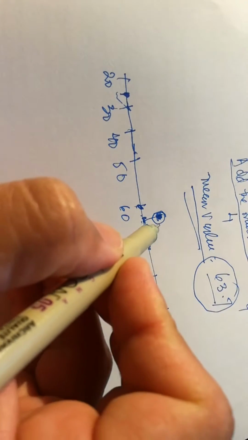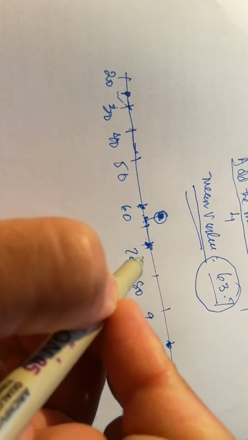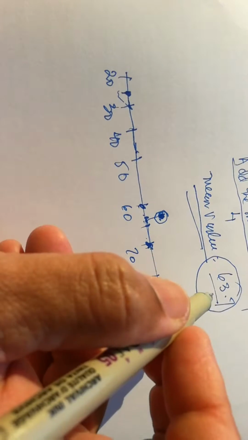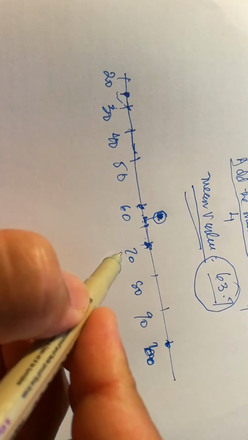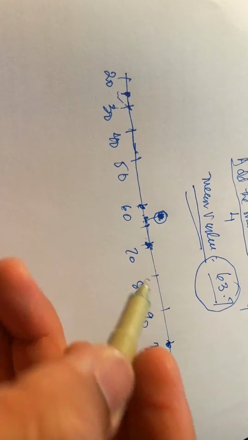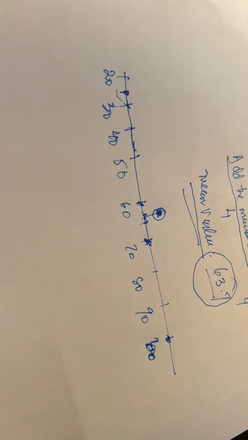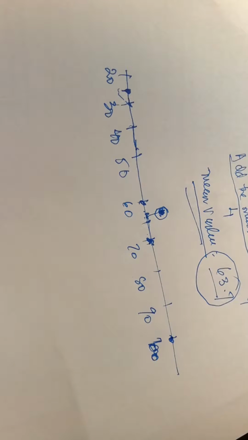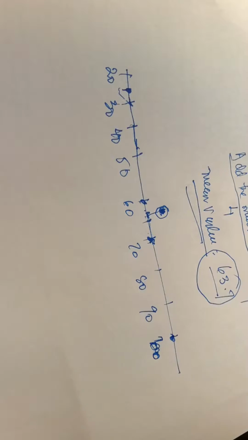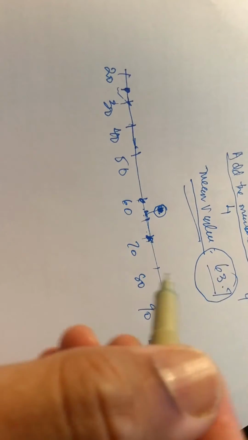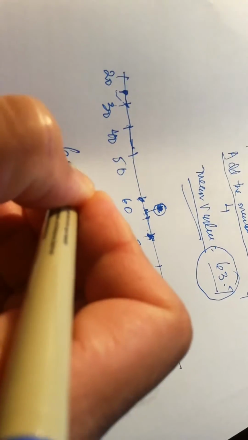So here you have the mean. How far is it from 70? So 63.7, let's take this first data point. You subtract 63.7 minus 70 would be minus 6.3, but you only take the absolute value.